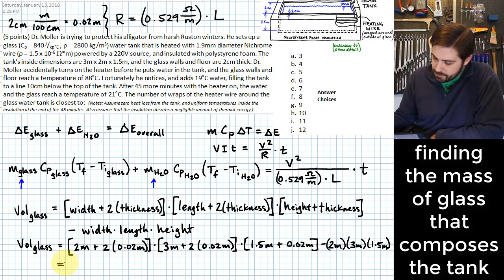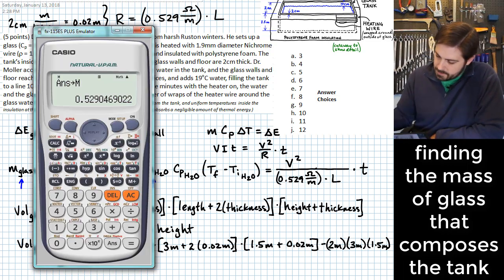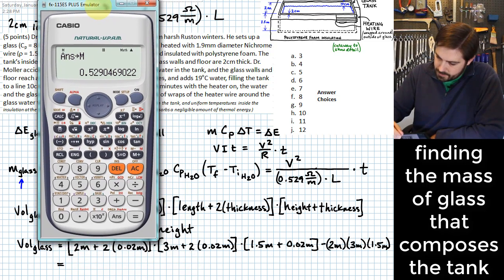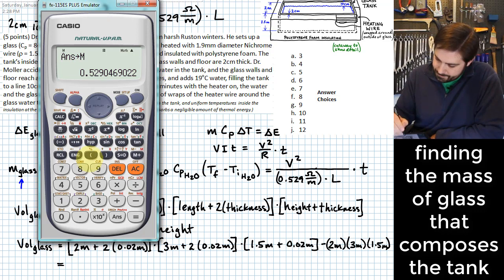Okay, and so the volume of this glass is going to be, all right, so I'll try to fit this in here, 2 meters plus 2 times 0.02 times 3 plus 2 times 0.02 times, I need to put parentheses there, 1.5 plus 0.02.